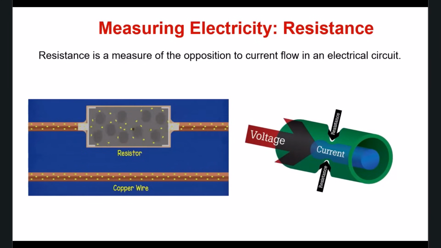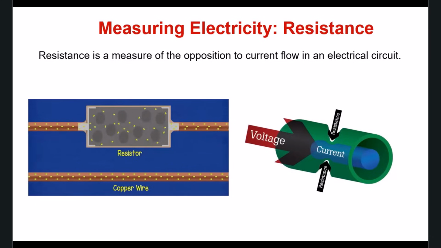So if we attach some resistor, you can see the resistor has many obstacles inside, and because of that the flow of current, the flow of electrons, is restricted. So this is the way the resistor offers restrictions in the flow of the electrons.